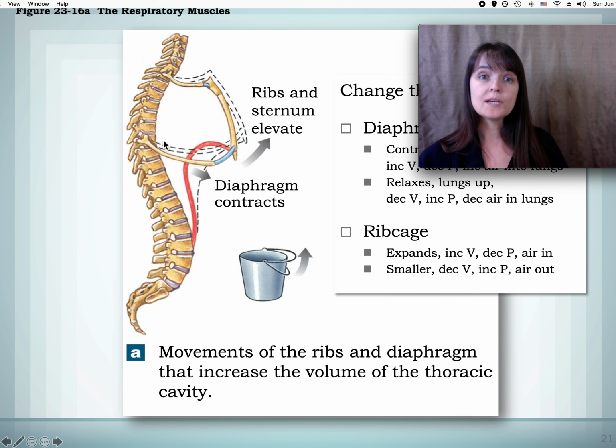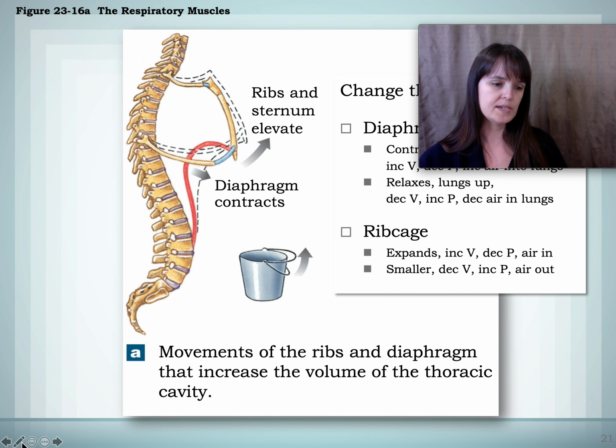And when the volume gets bigger, that means that the pressure goes down. And air moves from areas of high pressure to areas of low pressure.